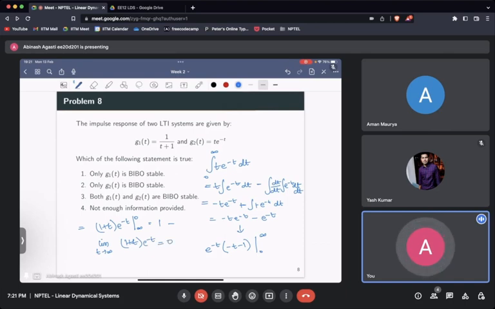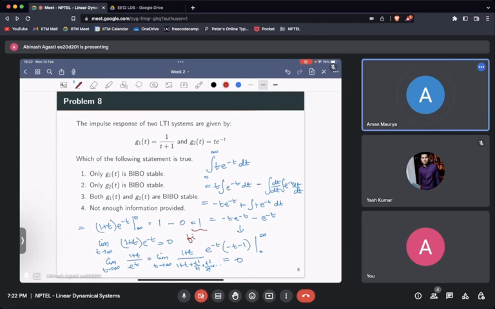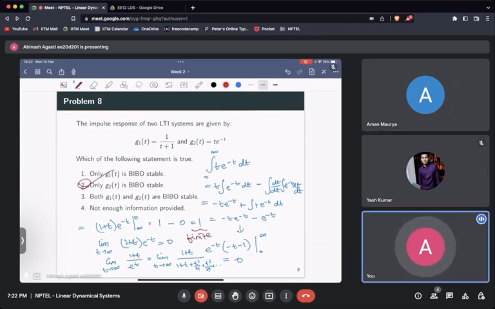For that, you can check (1 plus t) by e to the power t as t goes to infinity, and you know that e to the power t has a series expansion. Clearly the denominator has a greater order than the numerator, so this will simply be 0. So this is 1 minus 0, which is 1, so this is finite. So the solution is that only g2 is BIBO stable.